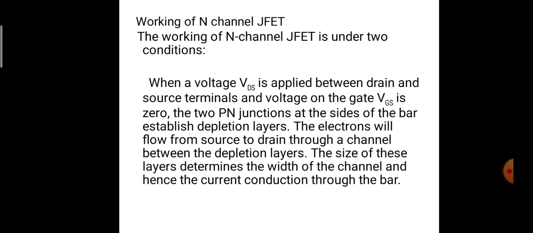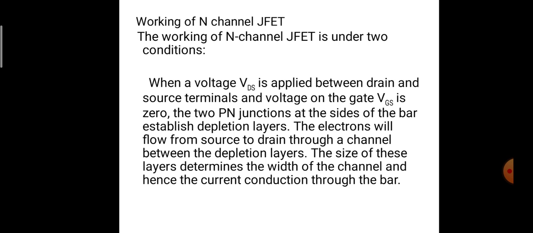When a voltage VDS is applied between drain and source terminals, and the voltage on the gate VGS is 0, the two PN junctions at the sides of the bar establish depletion layers. The electrons will flow from source to drain through a channel between the depletion layers.